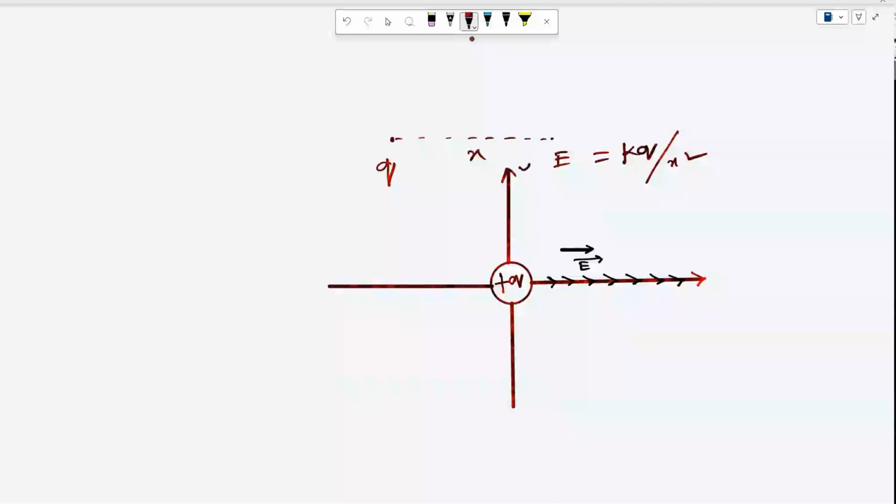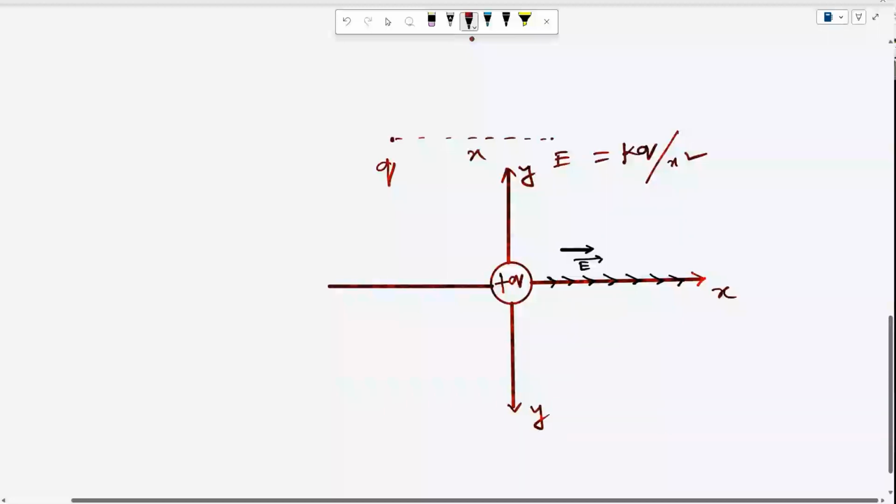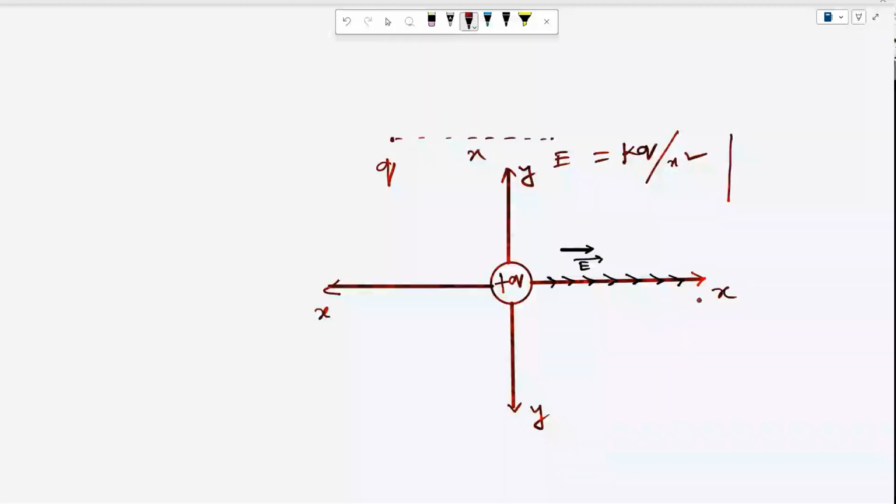This is positive y-axis. Electric field either will be along positive y-axis or along negative y-axis. This is positive x-axis, this is negative x-axis. Now before we plot, we need to know the nature of the graph of a function where E is proportional to 1 by x square.